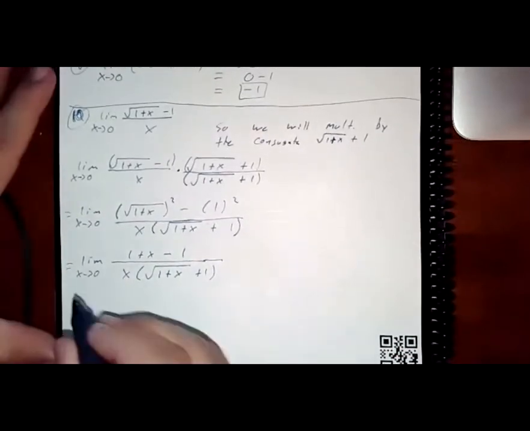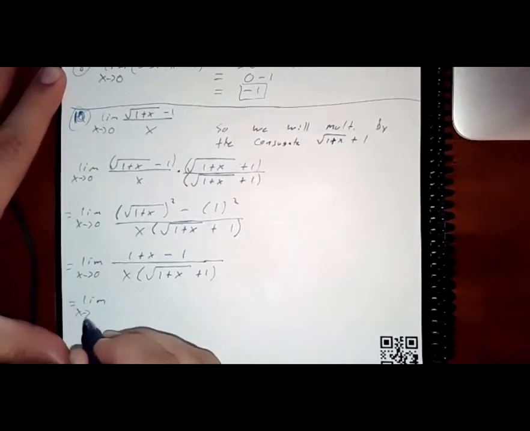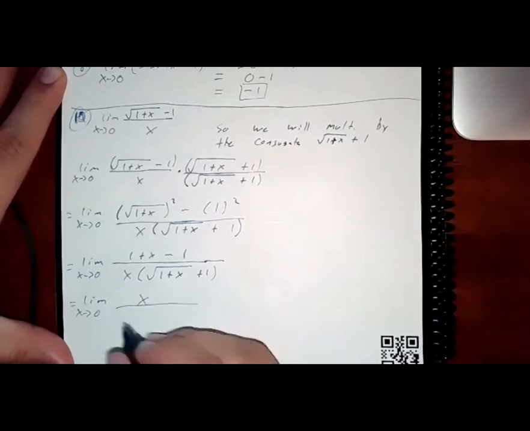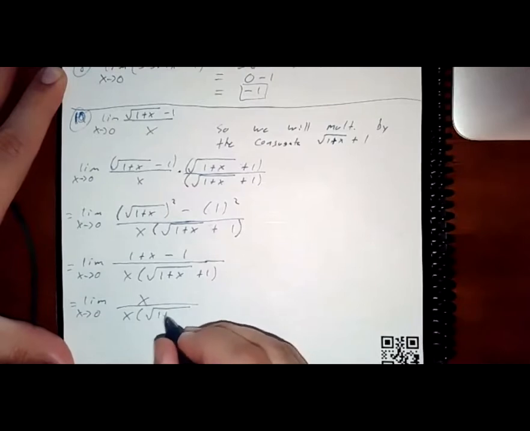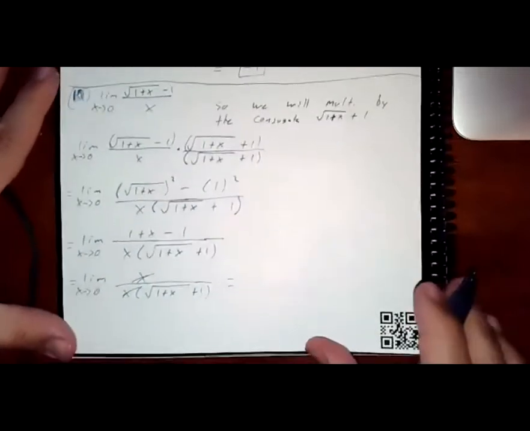Now you can see what's going to happen, right? These ones cancel, leaving me with an x over x times this, and the x's cancel. So now you can plug it in.